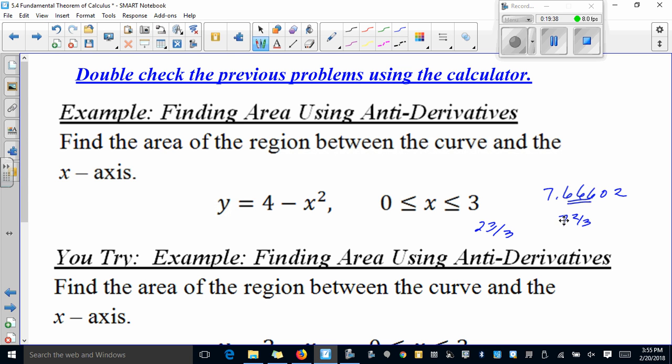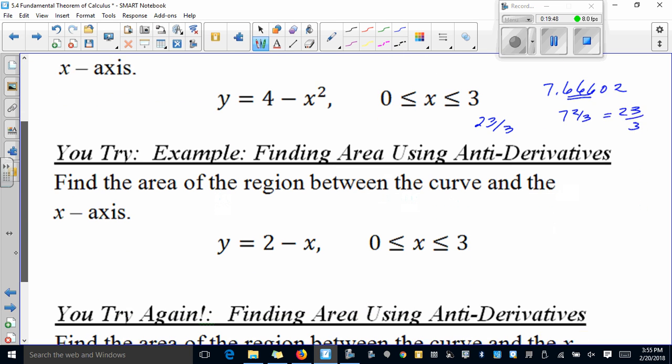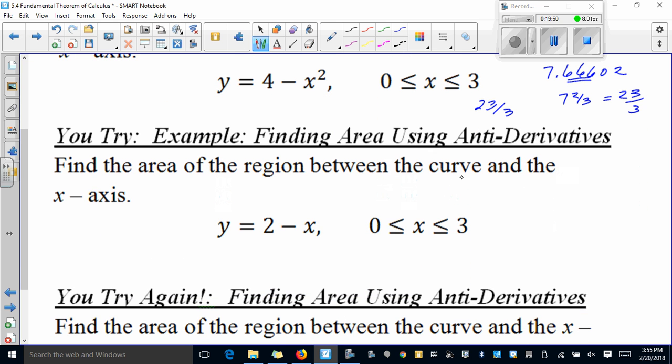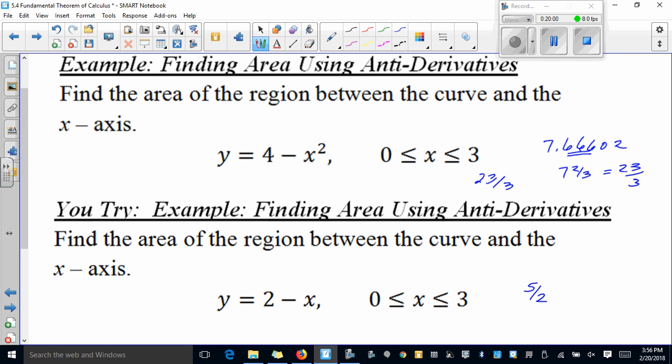Now remember, let me write how you put these in the calculator. This one would be 0 to 3, absolute value of 4 minus x squared, dx. This one would also be 0 to 3, absolute value of 2 minus x, dx.